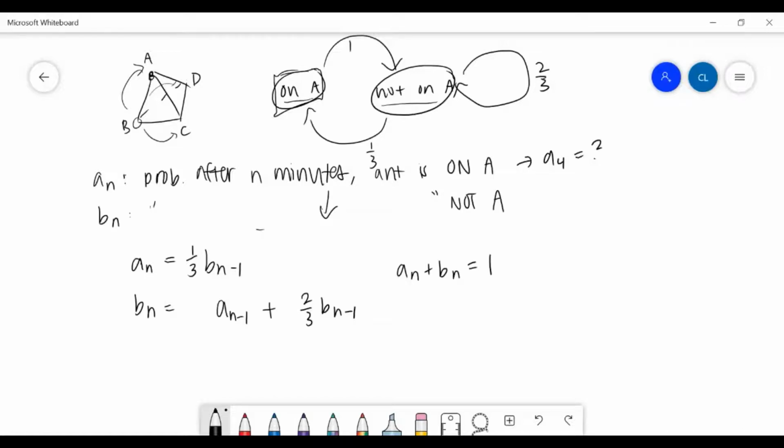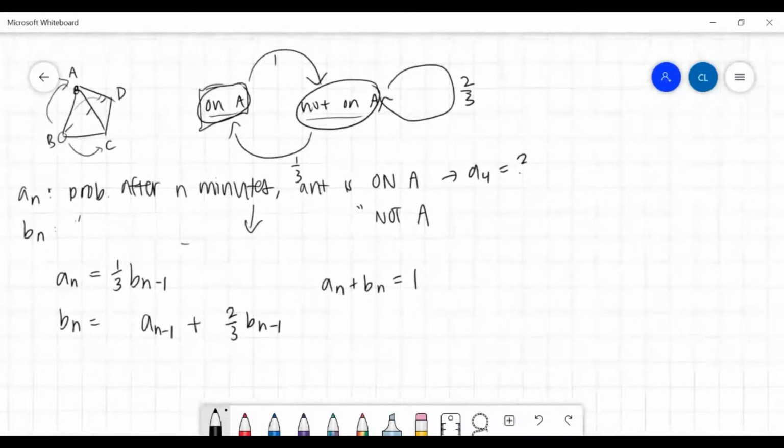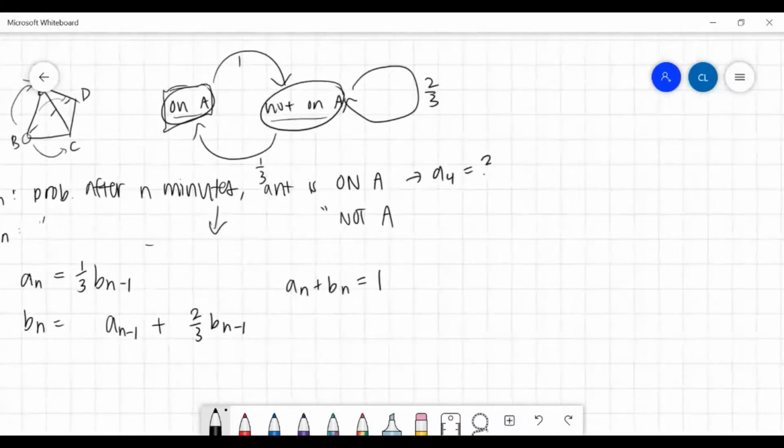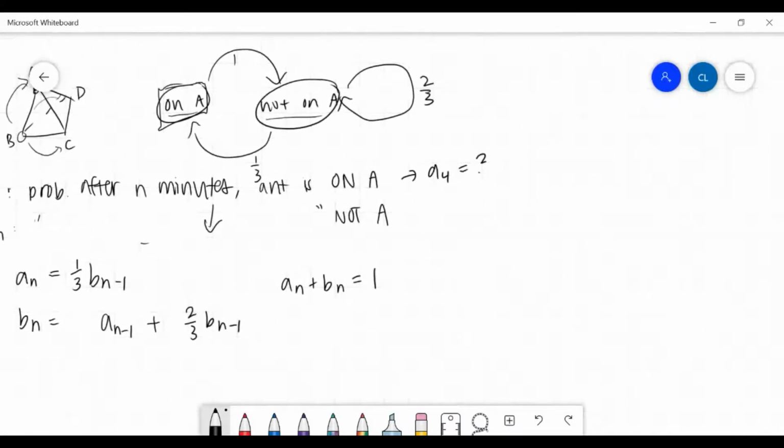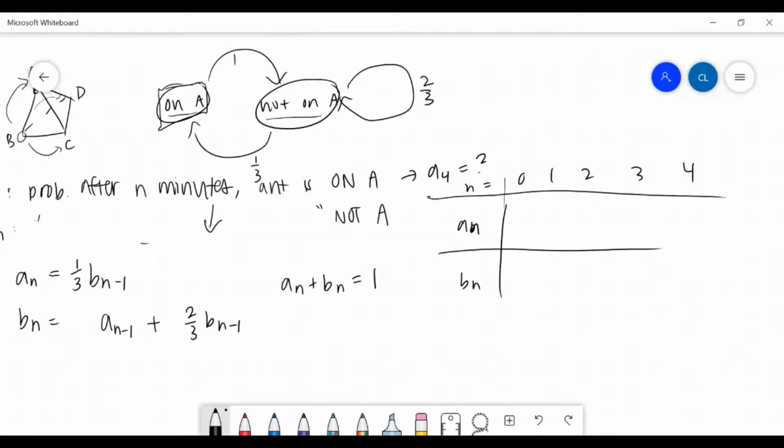So after this, it's just arithmetic. And I guess we can do it. You can make a table: n equals 0, 1, 2, 3, 4. Okay.